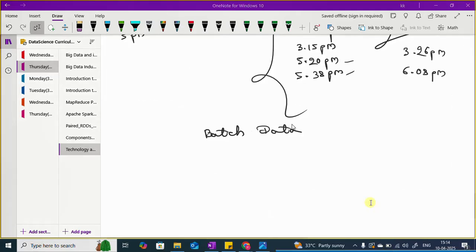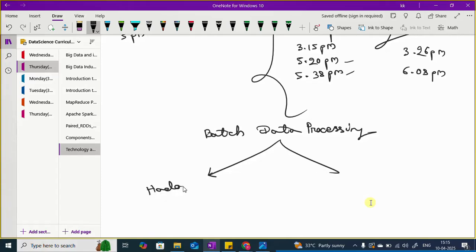Coming to batch data processing, either we can use Hadoop or we can use Apache Spark. Okay.